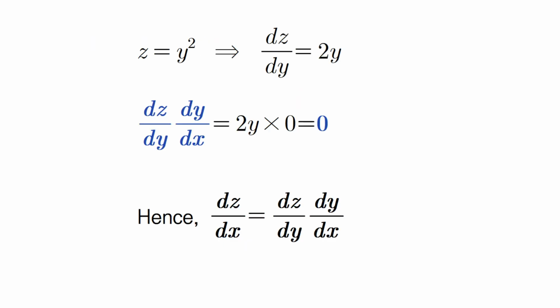Even when delta y is 0, dz/dy still becomes 2y through straightforward algebraic calculation, separate from the formal definition of differentiation. In this case, dz/dy multiplied by dy/dx becomes 0. Therefore, the chain rule dz/dx equals dz/dy multiplied by dy/dx still holds.